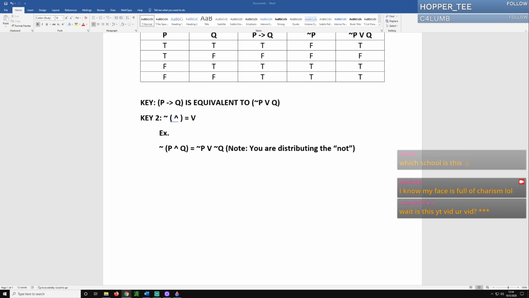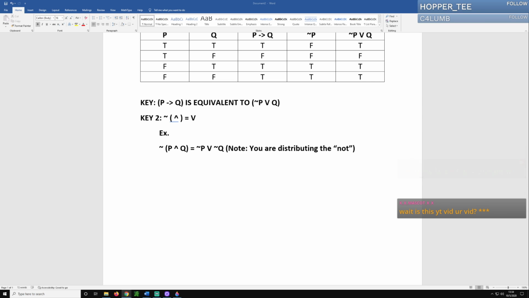There you go. Go ahead and post the link in the chat, and then I'll unmod you. That's weird.